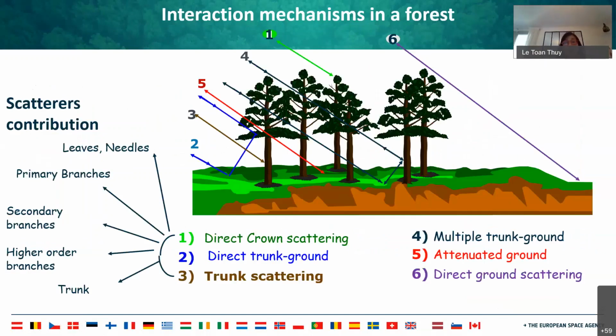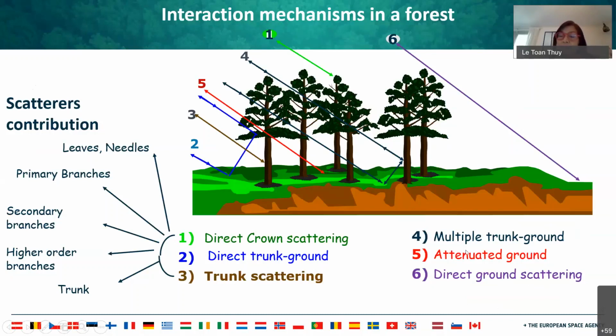And the interaction mechanisms: you have the scatterers contribution here, and the mechanisms here, 1, 2, 3, etc. 1 is the crown scattering, 2 is the trunk-crown scattering, 3 is at the trunk, 4 is the multiple, and 5 is the attenuated crown, going to here, and 6 is the direct crown scattering.